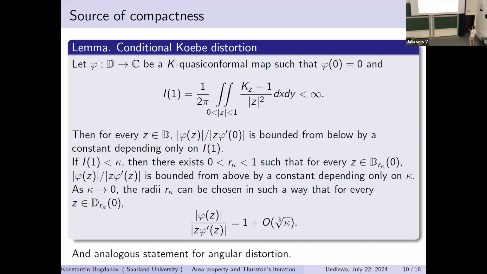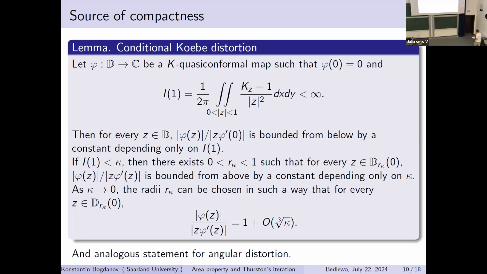Let this integral be finite. Then, in fact, you can provide some sort of Köbe distortion bounds on the behavior of points somewhere, of course, not near the boundary of D, but for example on the disk of radius 1/2 or smaller.